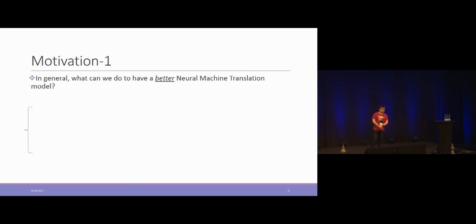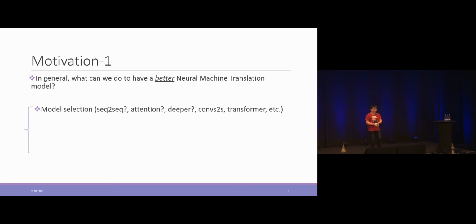So here comes our motivation. In general, our research aims to find a better neural machine translation model to solve machine translation, and to do so, people usually have different research directions. Most of the directions focus on model selection.